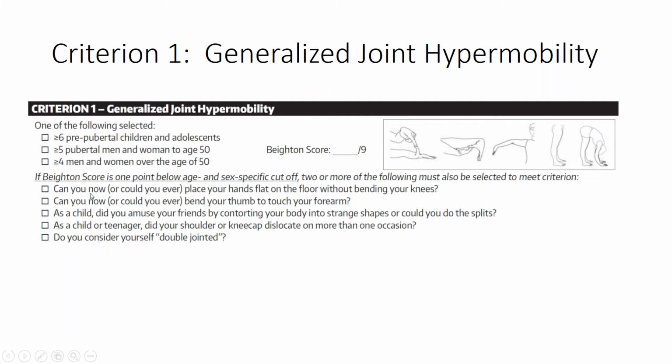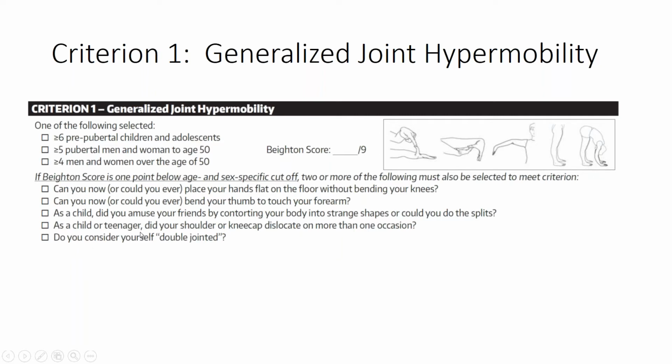And those questions are, can you now or could you ever place your hands flat on the floor without bending your knees? Can you now or could you ever bend your thumb to touch your forearm? As a child, did you amuse your friends by contorting your body into strange shapes, or could you do the splits?